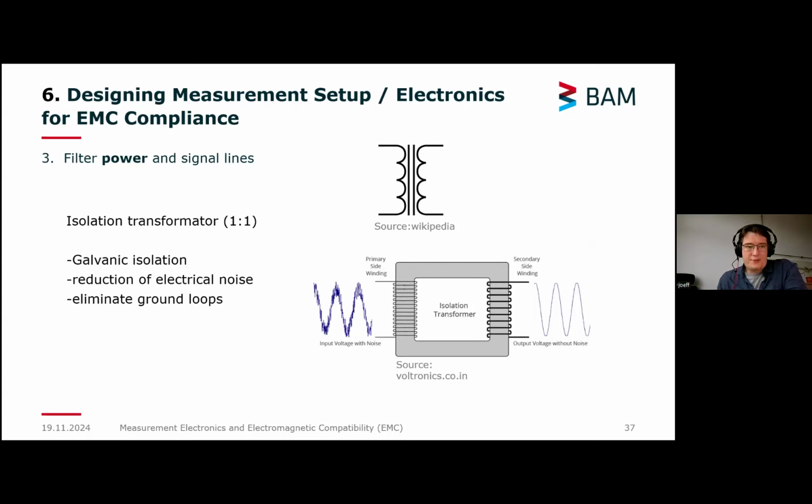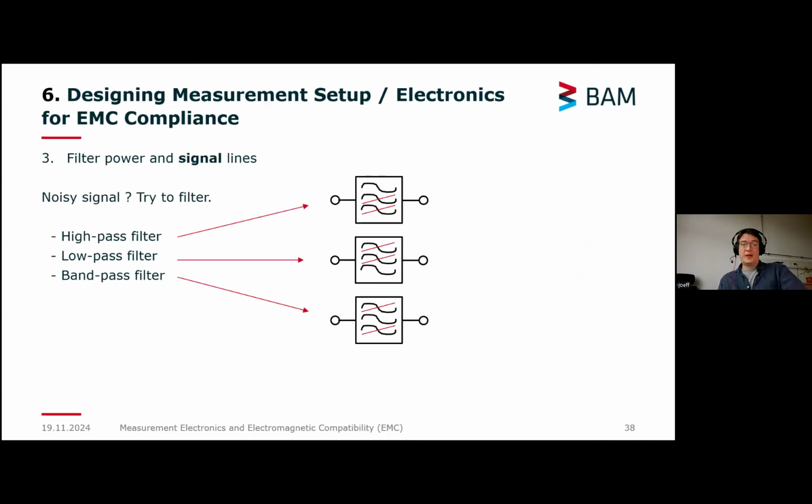And it should reduce your electric noise significantly. Also, the ground loop is eliminated by that. And those are a lot of methods to suppress your noises or to gain your signal-to-noise ratio.